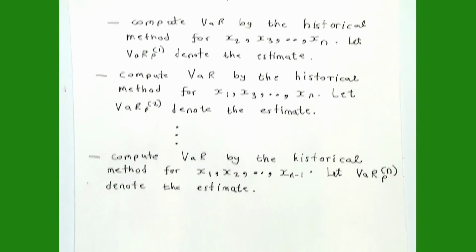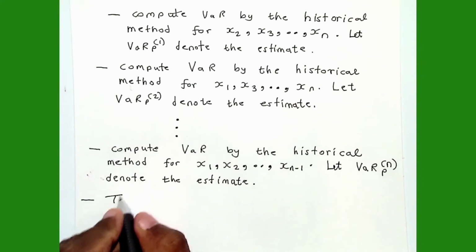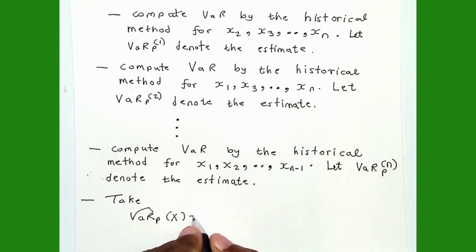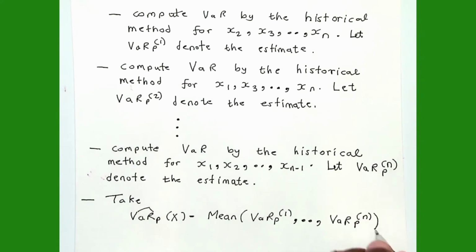All right. The final step is as follows: you take the overall estimator for VaR as the mean of the n estimates, right?